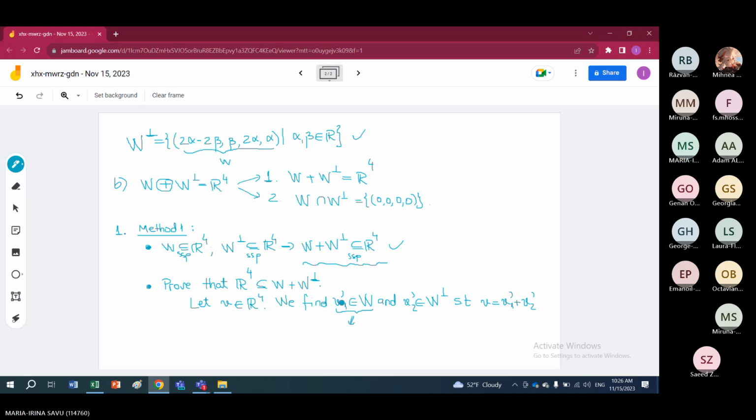Okay, from the fact that V1 prime is in W, you have that V1 prime has what form? How can you write V1 prime using the fact that it is a vector from W?